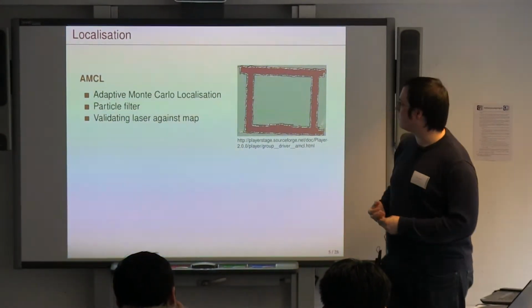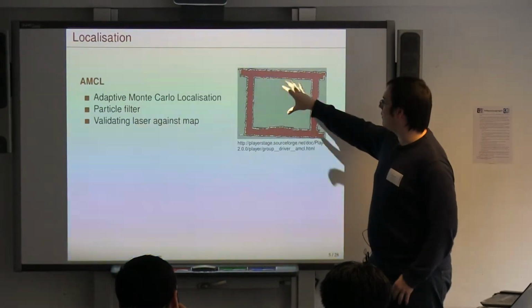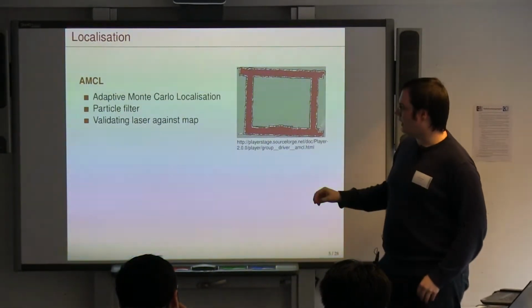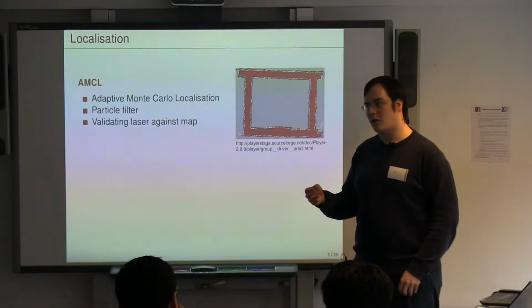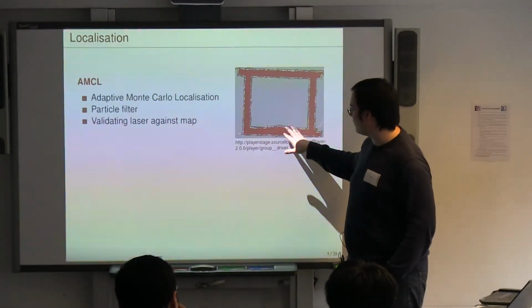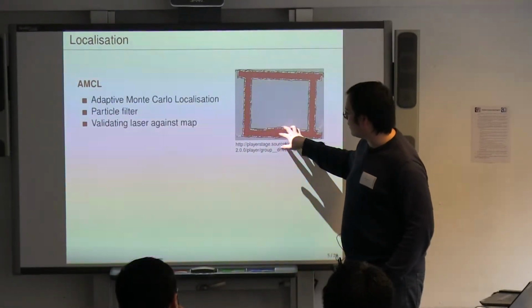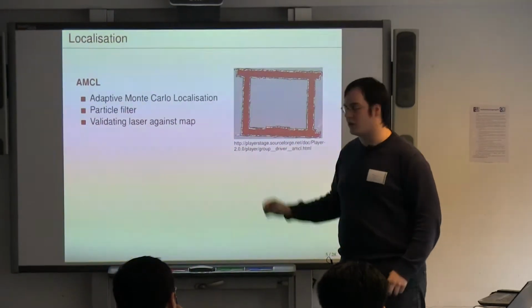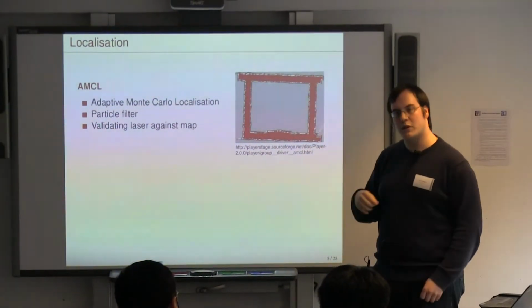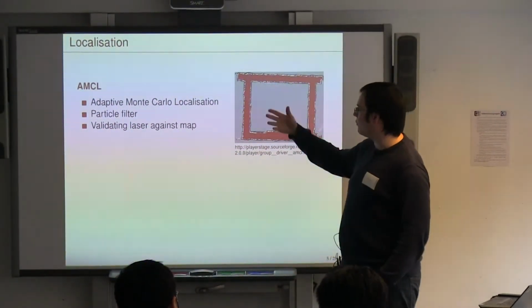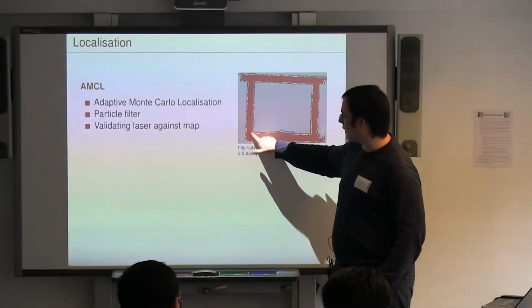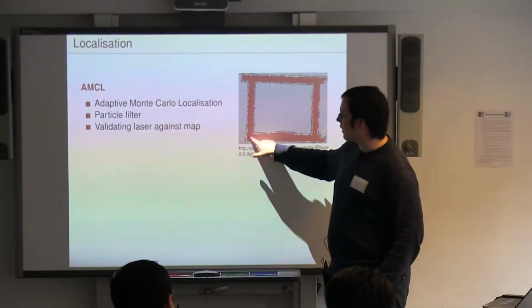At the beginning you don't have any idea where your robot is, and then when you start to drive, you also start to move your hypotheses in the direction of your driven path. So if you drive 1 meter forward, they all move 1 meter forward, and then if you are facing in this direction, you would then be here.